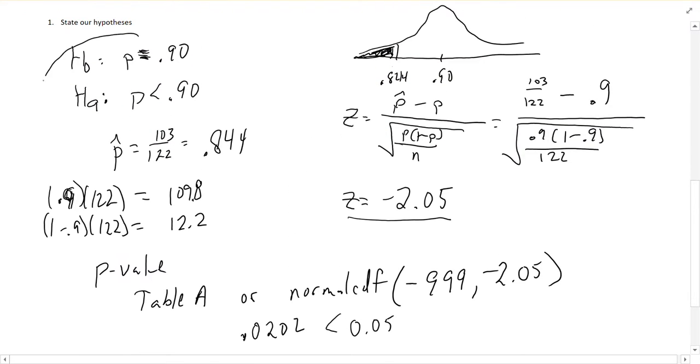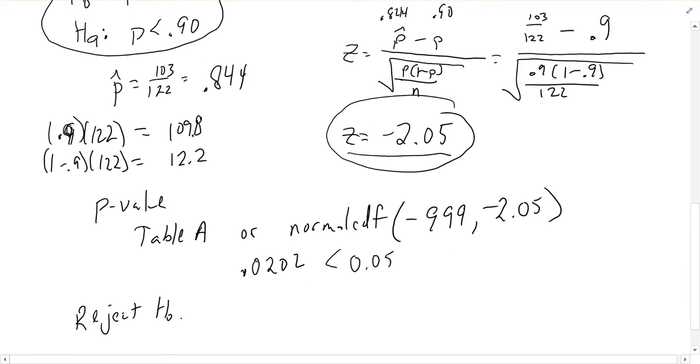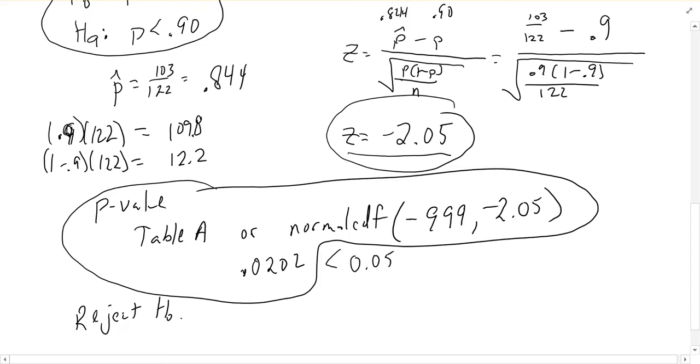We want to state our hypotheses. We want to calculate our test statistic. We're using a slightly different formula here, but it's still a z-score because we can use a normal distribution. We find our p-value off the table. And the p-value tells us the probability of getting something like our sample or more extreme if the null hypothesis was true.